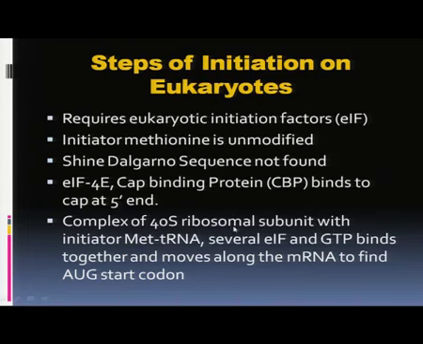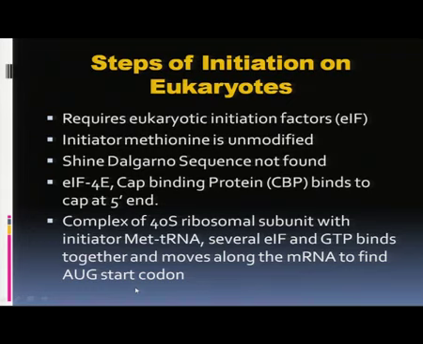A complex of the 40S ribosomal subunit with initiator methionine transfer RNA, several eukaryotic initiation factors and GTP binds together and moves along the messenger RNA to find the AUG start codon.